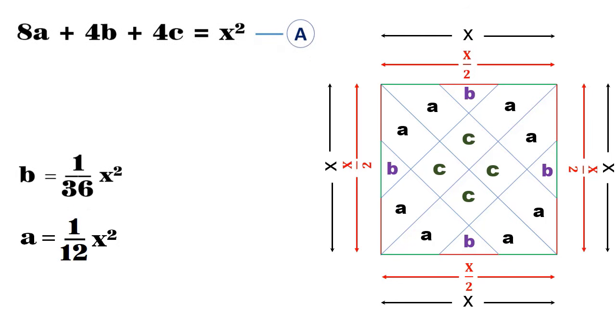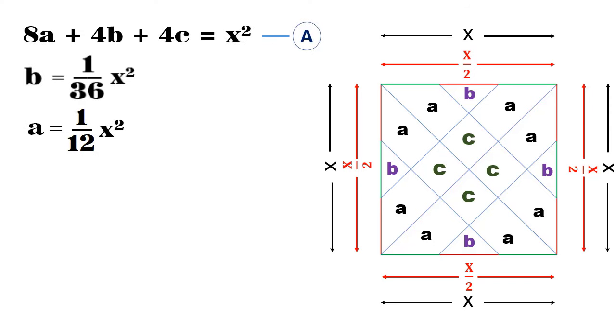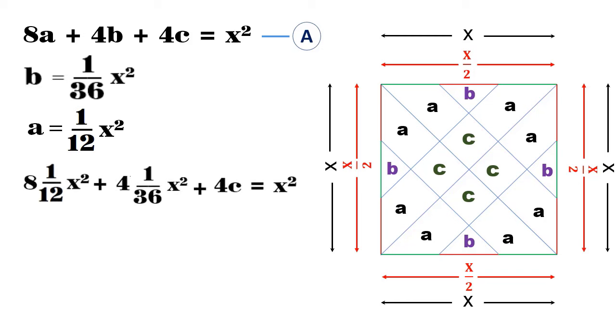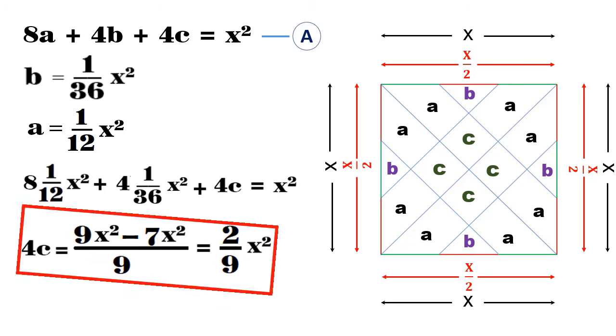We have already found B is equal to 1 by 36 x square. Placing this value of B and A into equation A, we have obtained 4C is equal to 2 by 9 x square, and that is in fact our required answer.